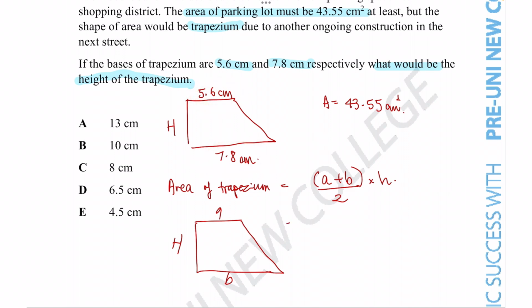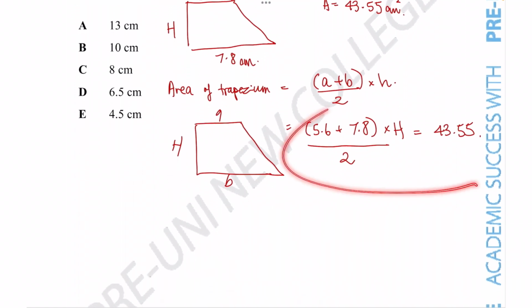So all we need to do is substitute the information into this formula. a is 5.6 and b is 7.8. We don't know the height, we're looking for the height, and we're dividing that by 2 to get the answer of 43.55. So we can see that by rearranging this equation, we can then figure out the height.